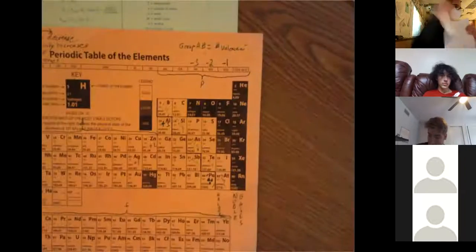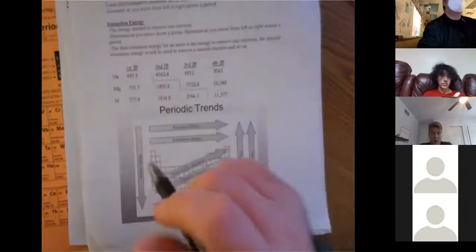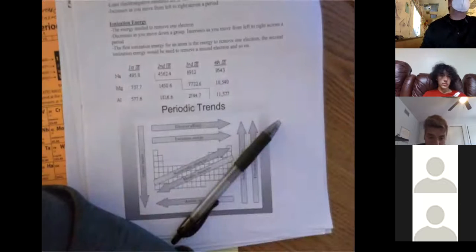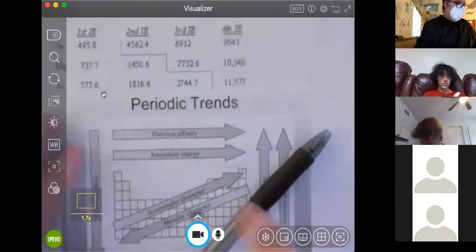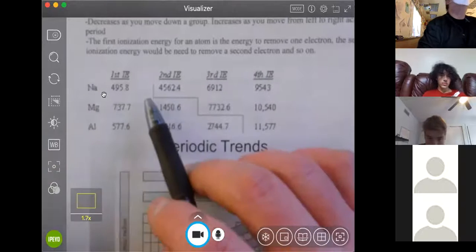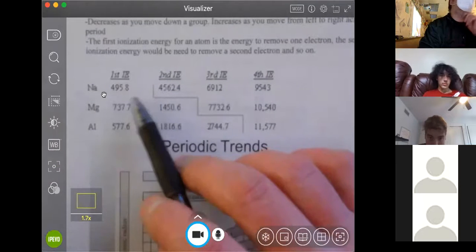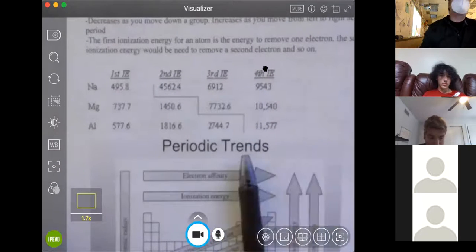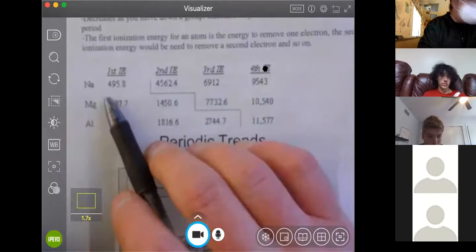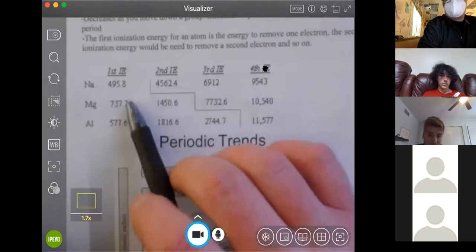Well, here is the cool thing. Let's go back a little bit to the notes and we can look at these ionization energies. To take an electron from sodium, that'll cost you about 495 kilojoules.